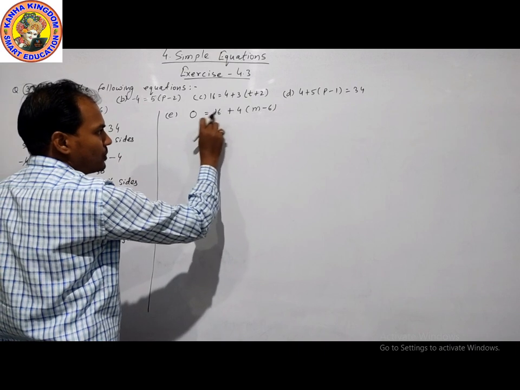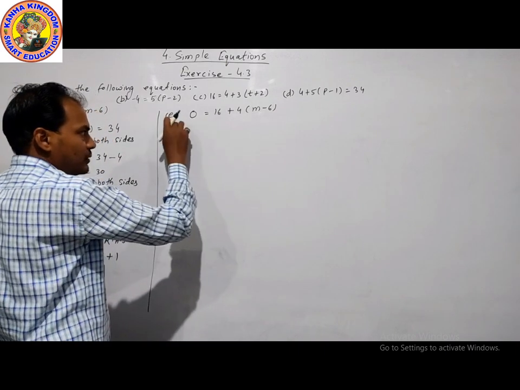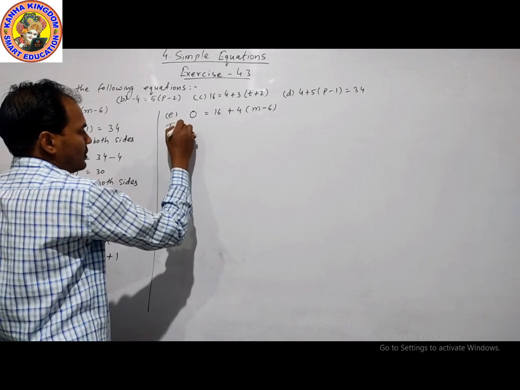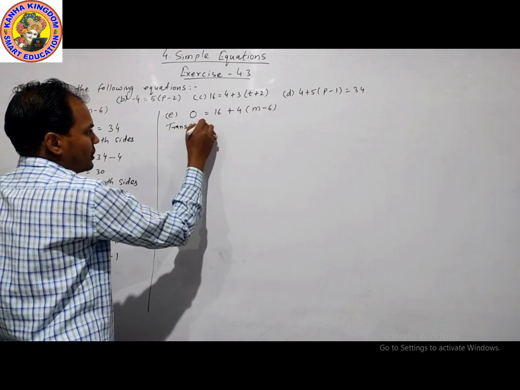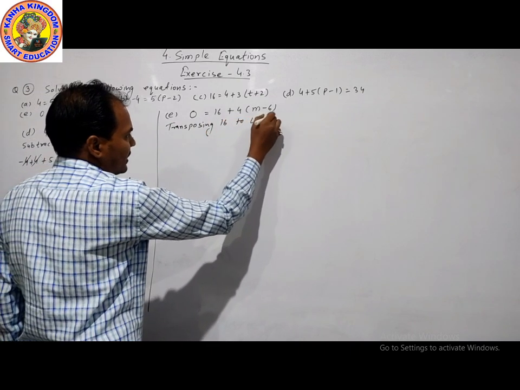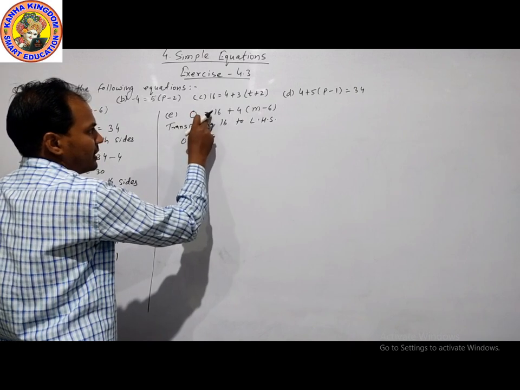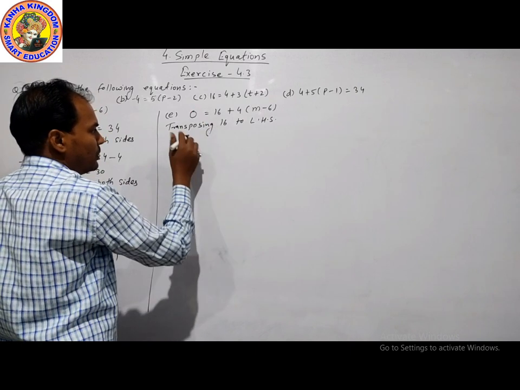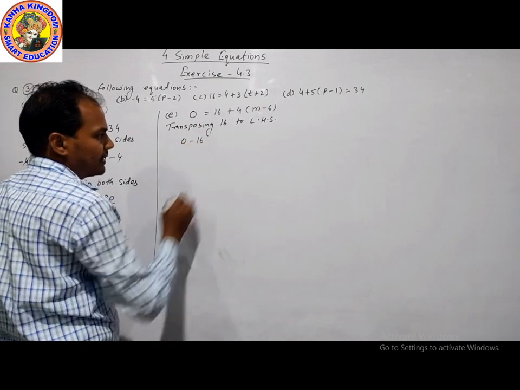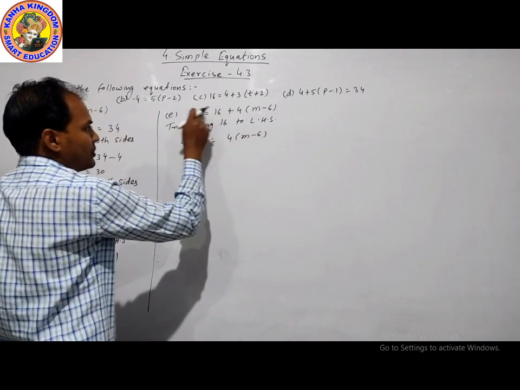So first of all we will solve this 16. Transposing 16 to the left hand side. Here 16 is a positive number, moves here, this will be negative. 4 times (m minus 6). Transposing 16.